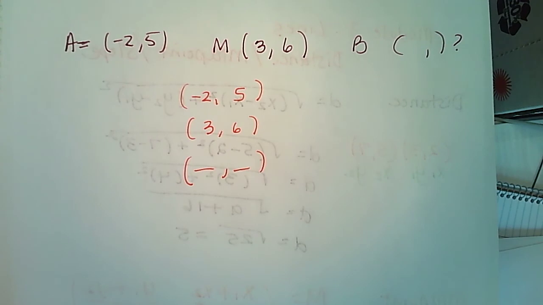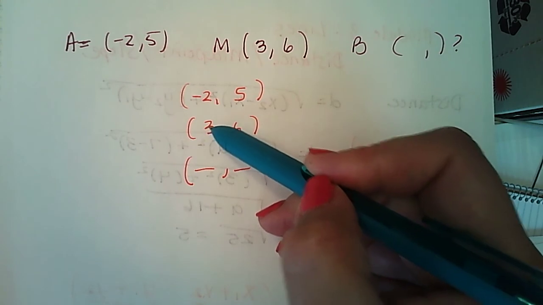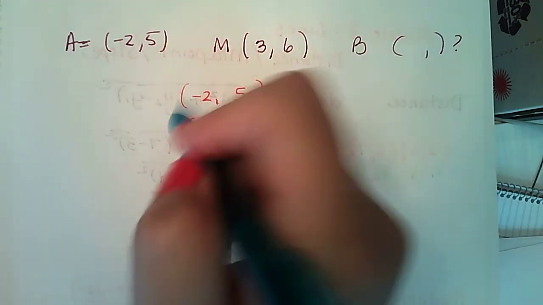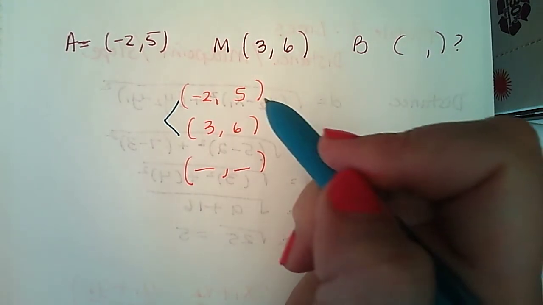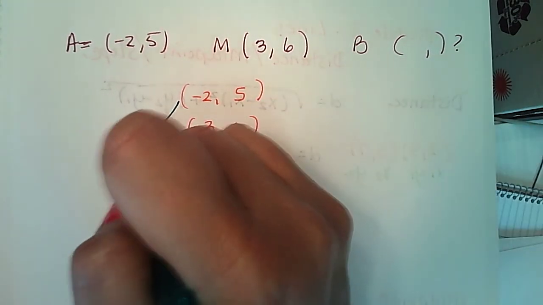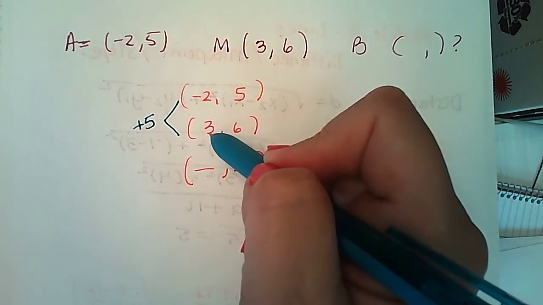What we know about midpoint is that it's in the middle. So that means whatever distance goes from here to here is also the same distance from here to here. So to go from -2 to 3, I had to travel 5 in the positive direction because -2 plus 5 gives me 3.